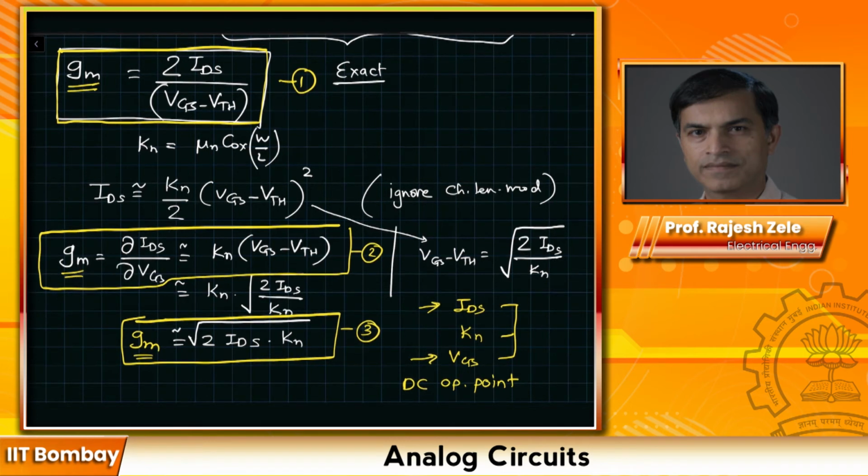Let's compare this to our friend the bipolar transistor. If you remember, the bipolar transistor has only a single form. And what is the bipolar transistor form? GM is equal to IC divided by Vt. IC is the collector current and Vt is 26 millivolts, kT over q.